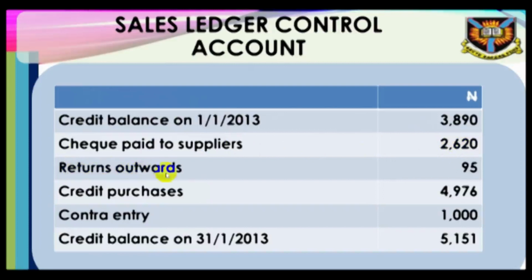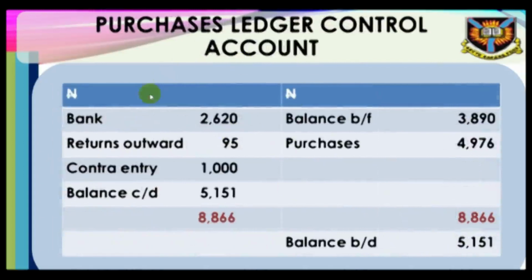Return outwards 95. Credit purchases 4,976 naira. Contra entry 1,000. Credit balance on 31st January 2013, 5,151 naira.